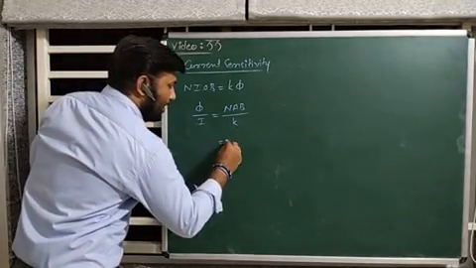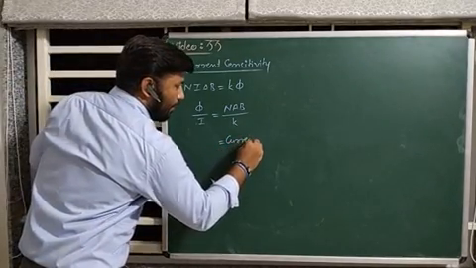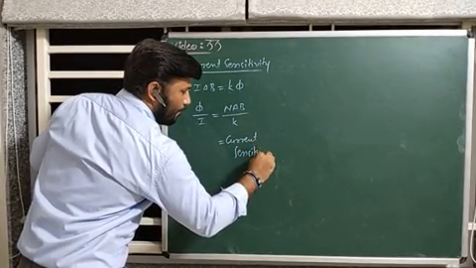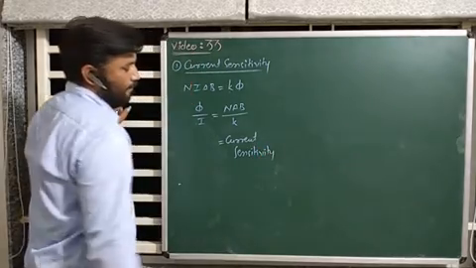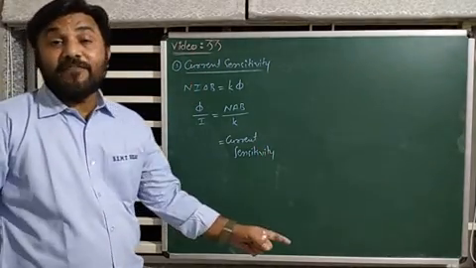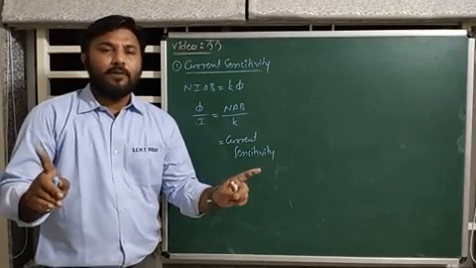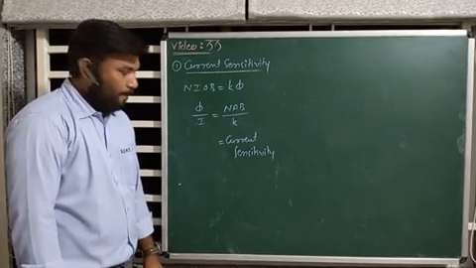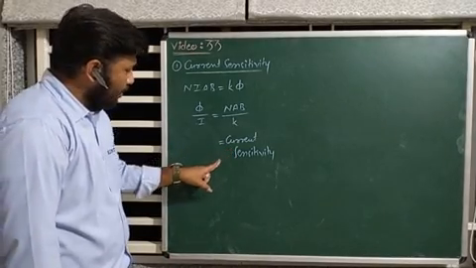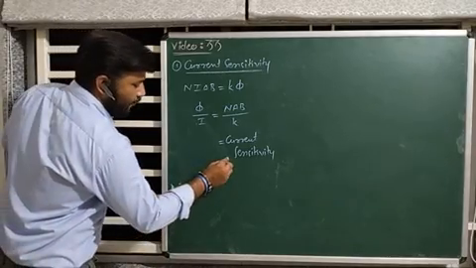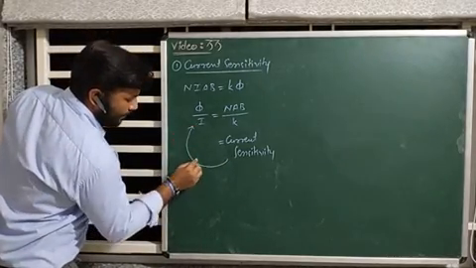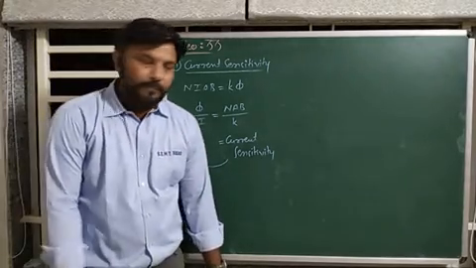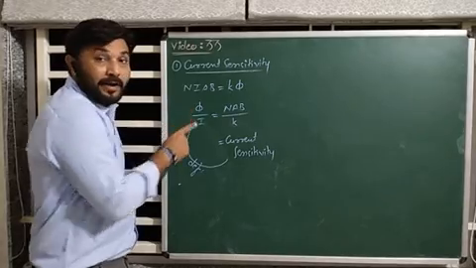So this is known as current sensitivity. Clear? So what is its definition? Its definition is very simple. Listen to it carefully. What is phi?